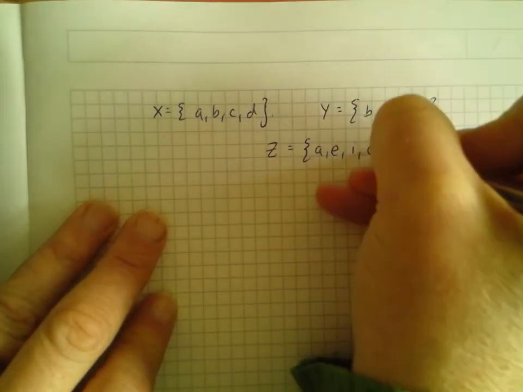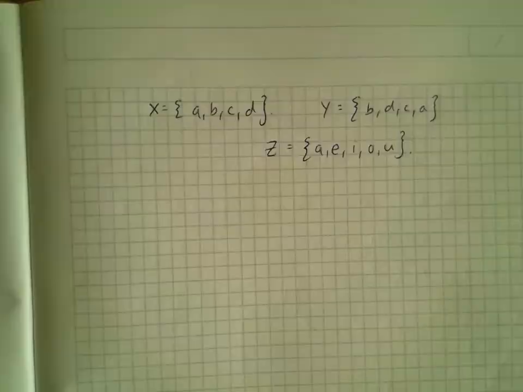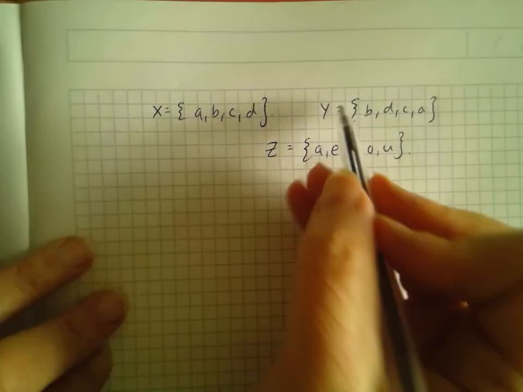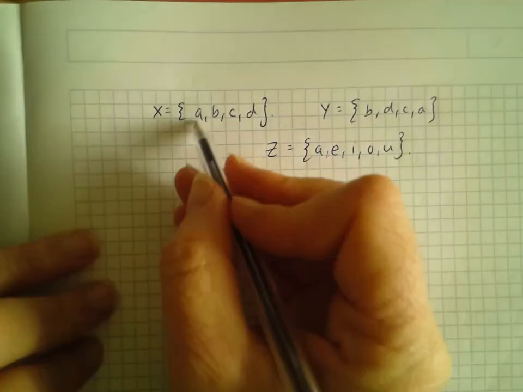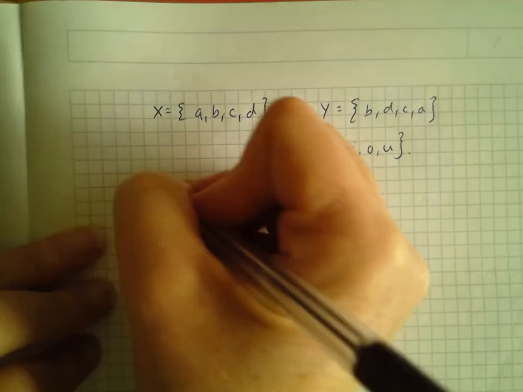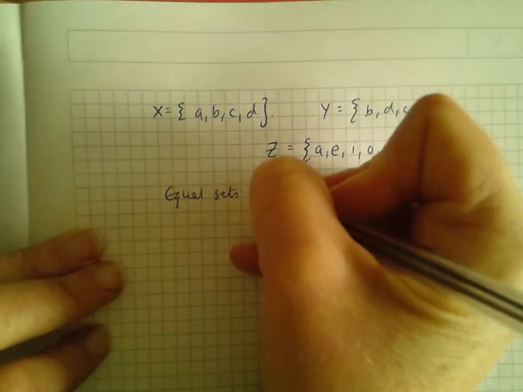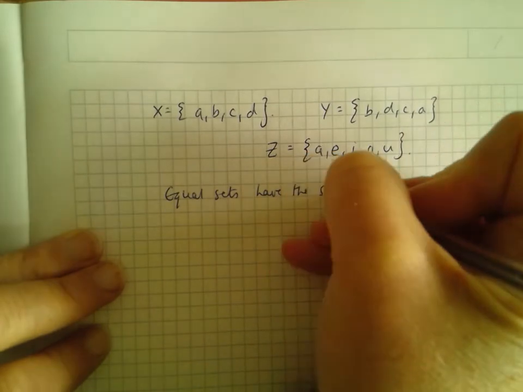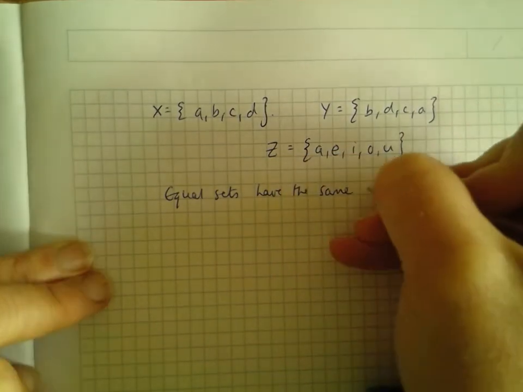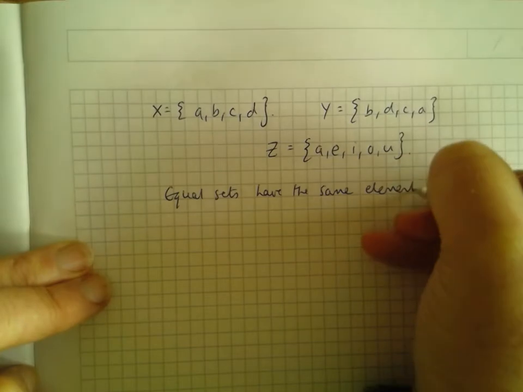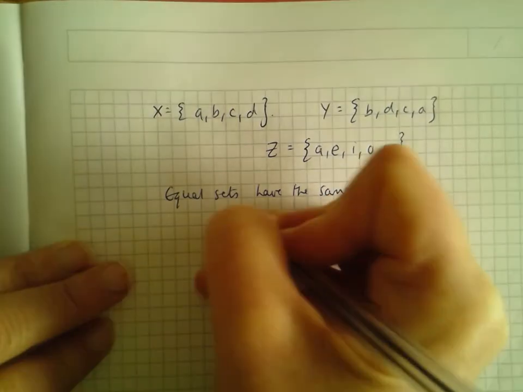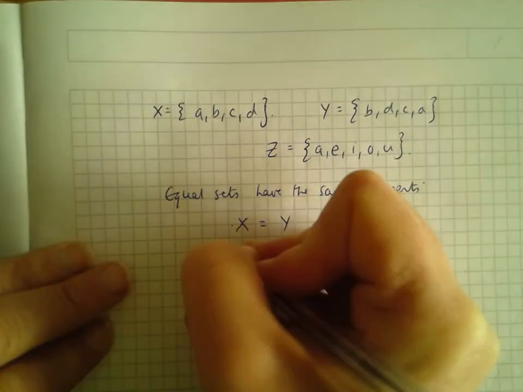Okay? If you look at set X and set Y, they have the same elements, but they're in a different order. It doesn't matter what order they're in, they still have the same elements. So equal sets have the same elements. So set X is equal to set Y there because they have the same elements.